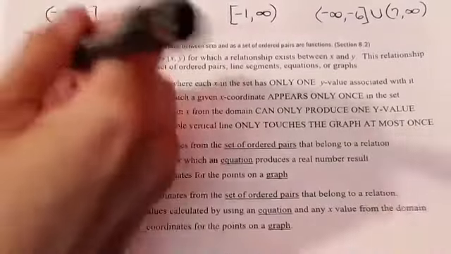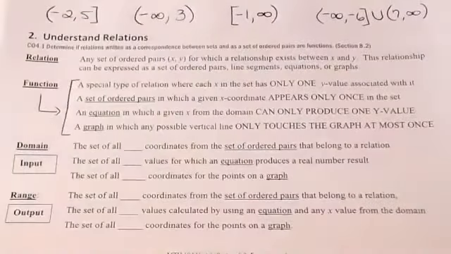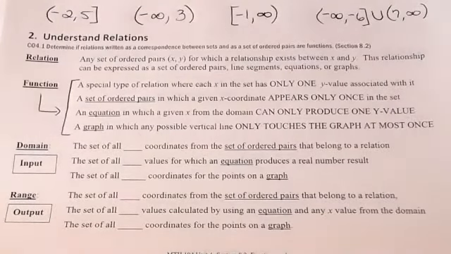So it's something to think about when you consider what is a function, right? Just keep in mind, every X coordinate can only be mapped to one Y coordinate, and it must pass the vertical line test. So in terms of domain, I want you to think input, domain, input, independent X, okay?